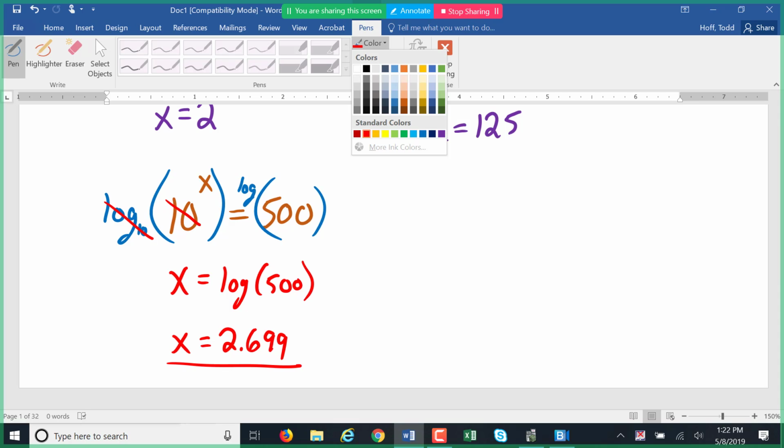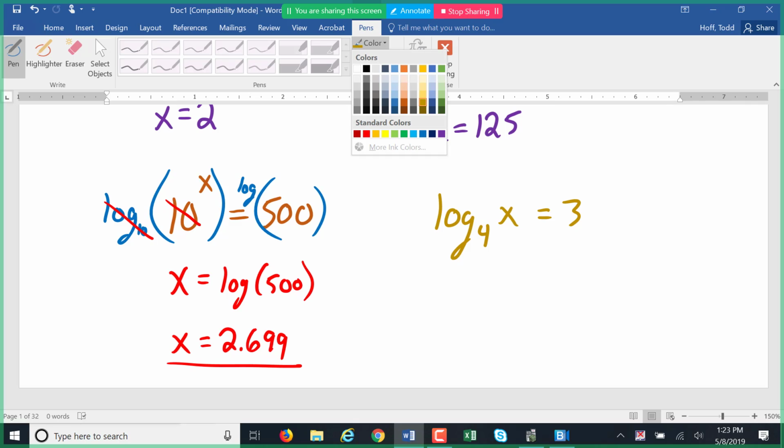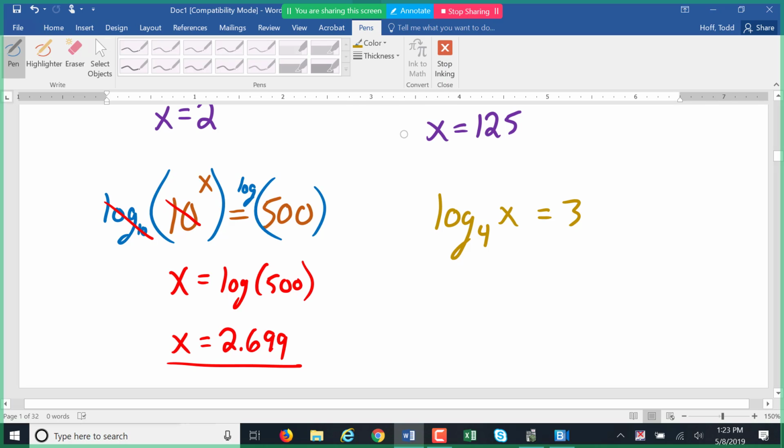Or we might have log base, whatever I want to put in here. Let's do log base 4 of x equals 3. This equation was built by taking the log base 4 of x.